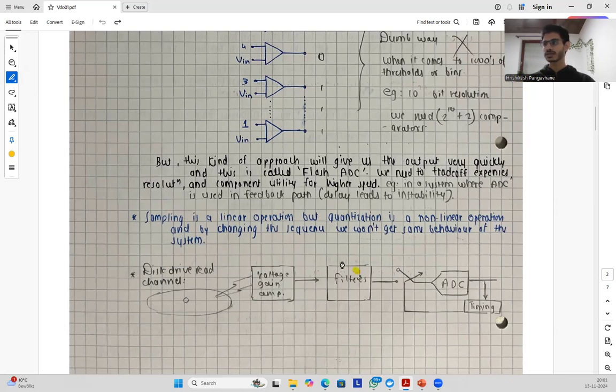So we will use filters to pick up our signal and suppress the noise, and then we will feed it to the analog to digital converter, where we'll look at the configuration for the sigma delta modulator. So that's how our system will look, and that's how we will do sampling and discretization of data in this block. So that's how it will proceed.